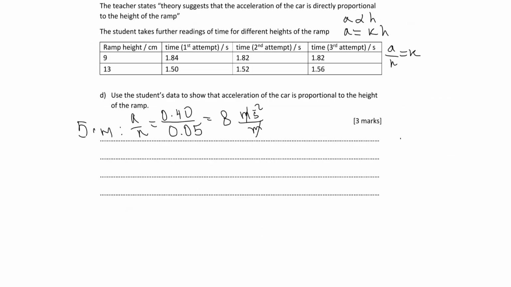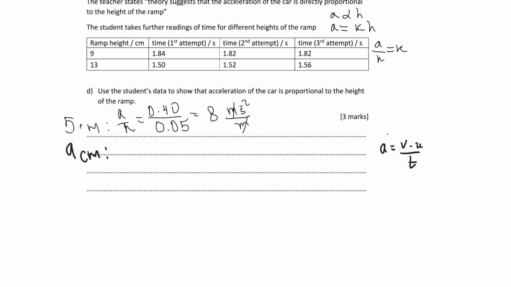Now let's see whether we can repeat exactly the same calculation for the 9 centimeter mark. So let's switch back to the pen. For 9 centimeters, we need to find the acceleration, then divide that by the height. So the acceleration for 9 centimeters will be equal to v take away u divided by t.